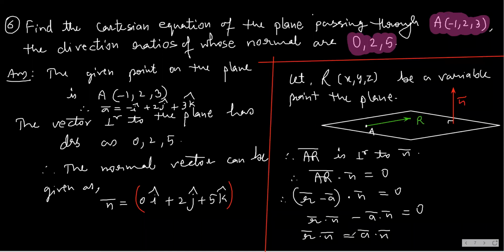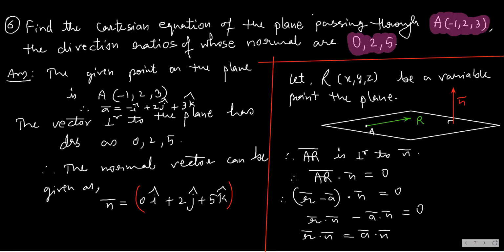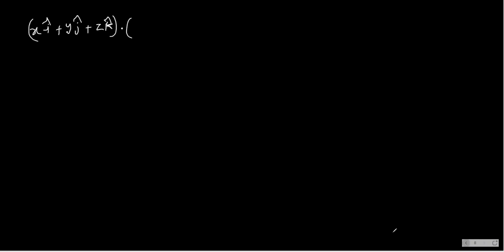So when we substitute R bar, n bar, A bar, we get (xI cap plus yJ cap plus zK cap) dot n bar. What is n bar? n bar is 0, 2, 5, that is 0I cap plus 2J cap plus 5K cap, equals A bar dot n bar.